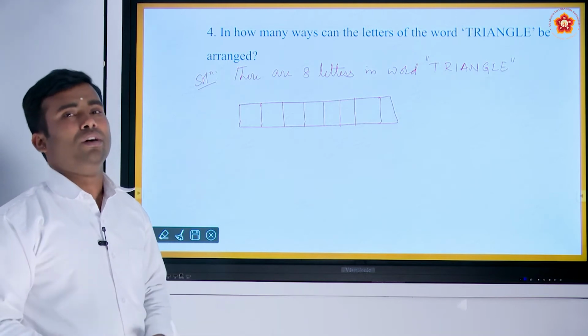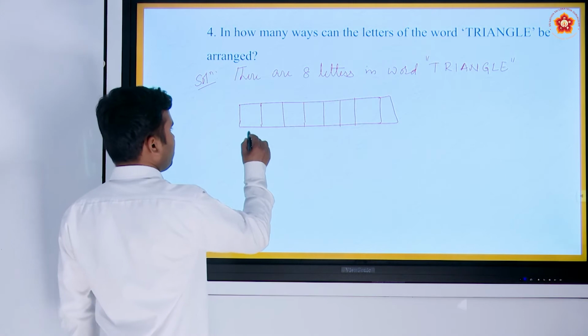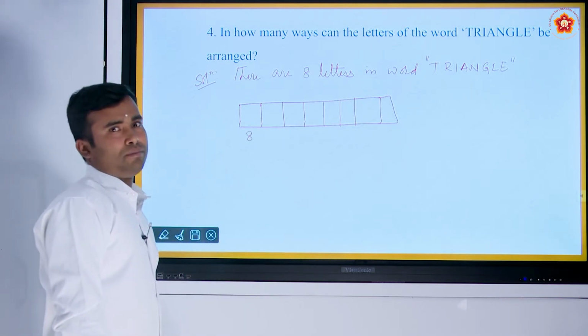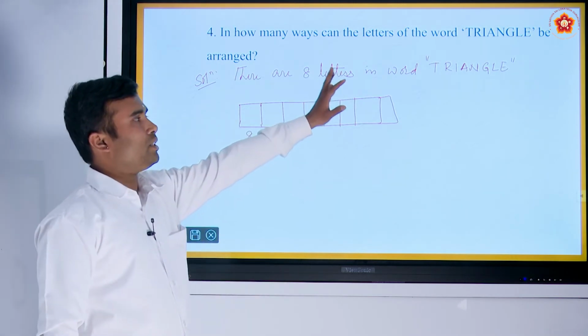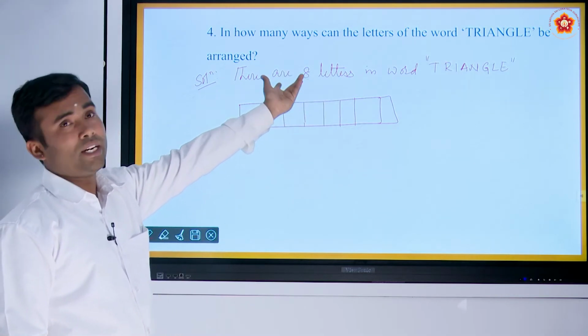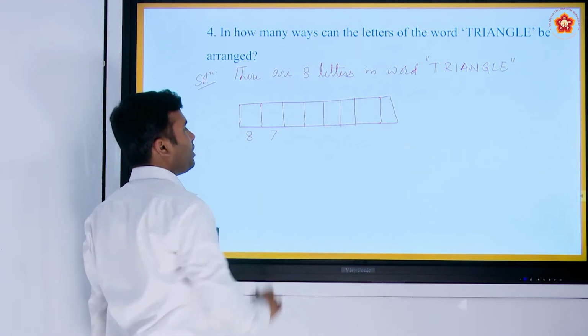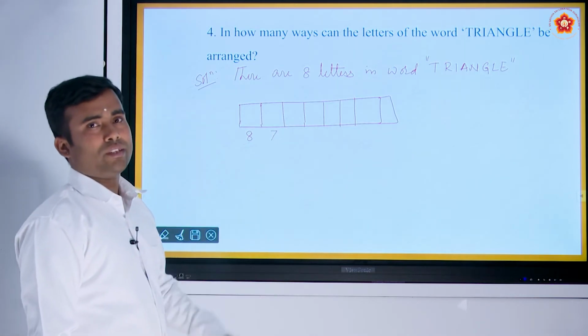So there will be 8 choices. Now one of the letters is removed. So how many letters are left? 7 letters. So now the second place is filled in 7 ways.